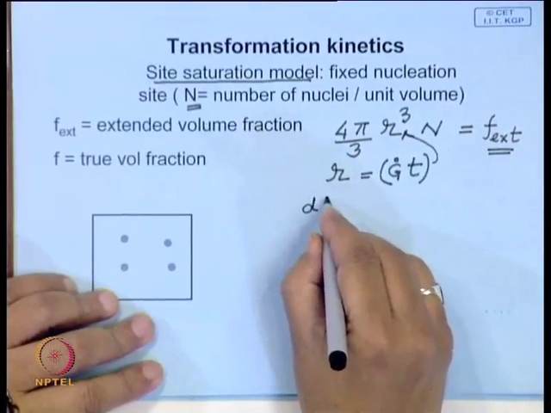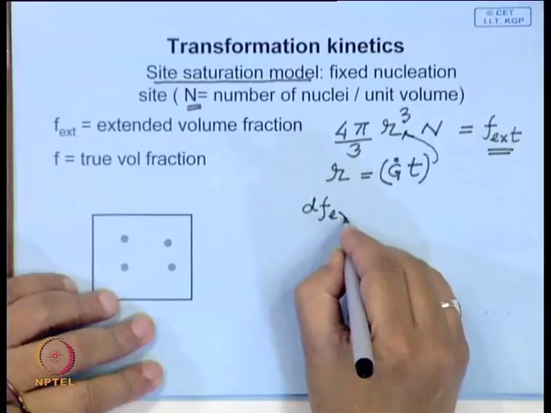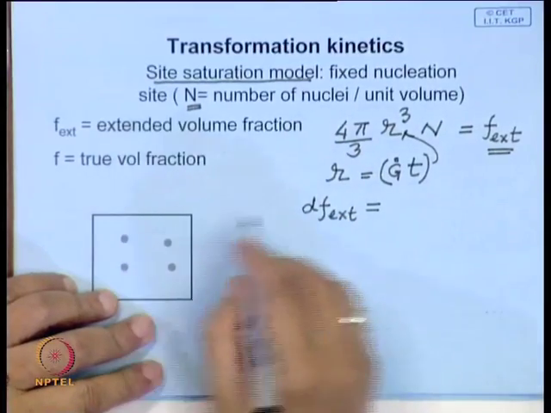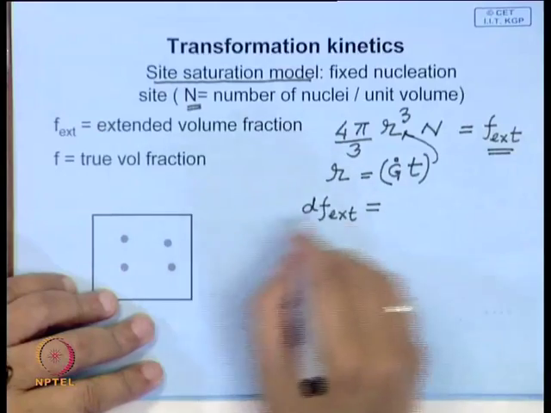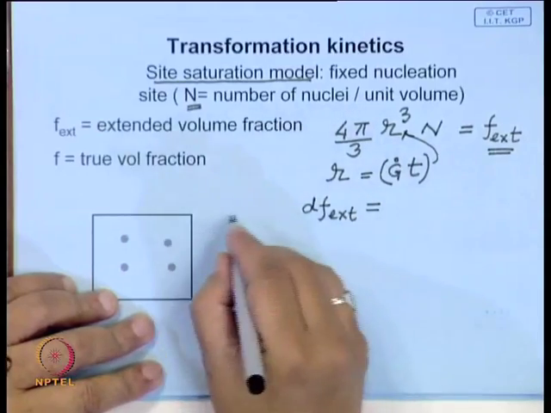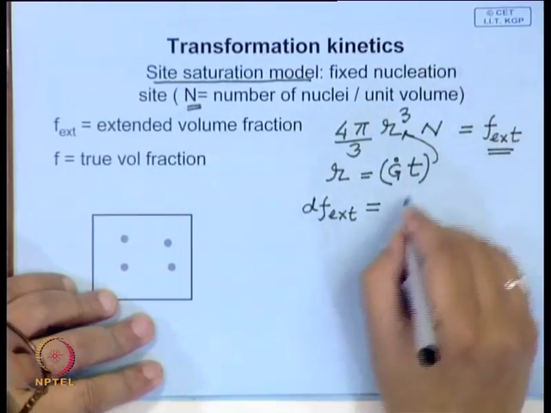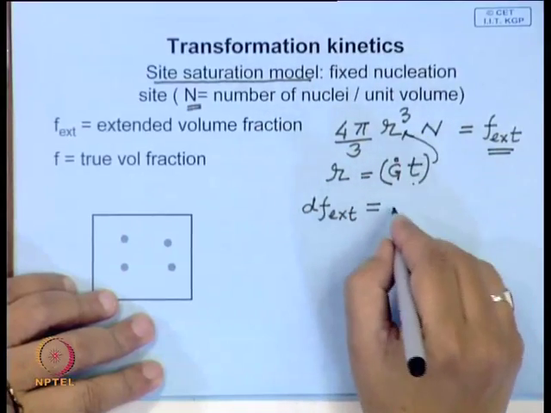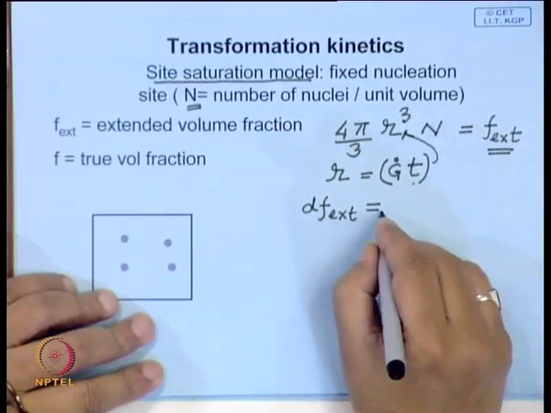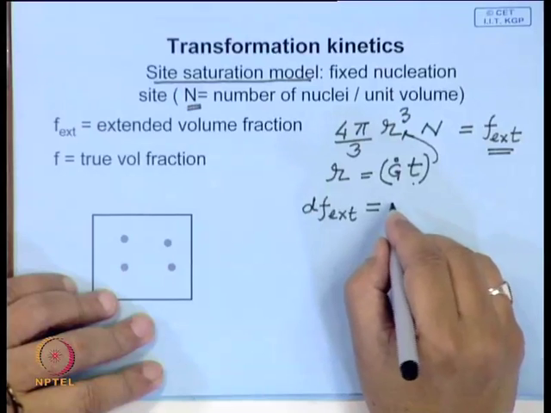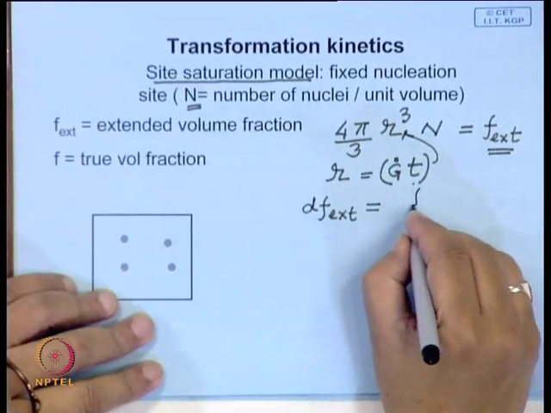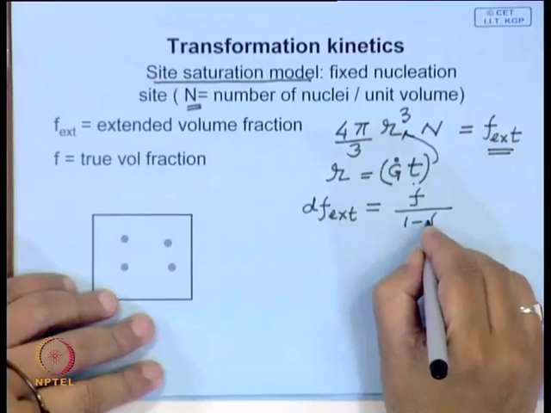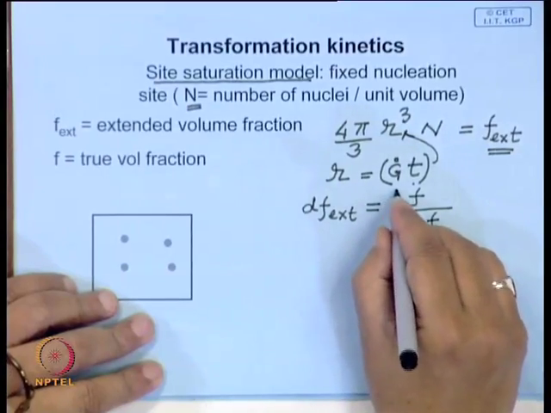Now, to get d f extended, what you need to do is differentiate this expression, which is a function of time, and this we know is equal to df over 1 minus f.